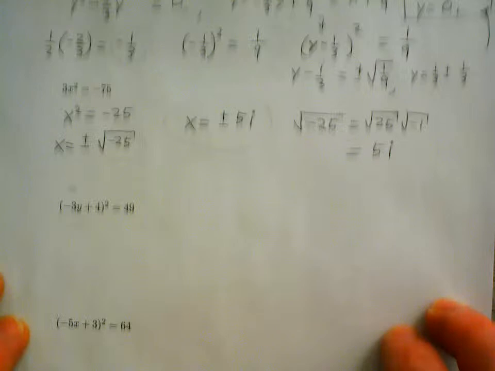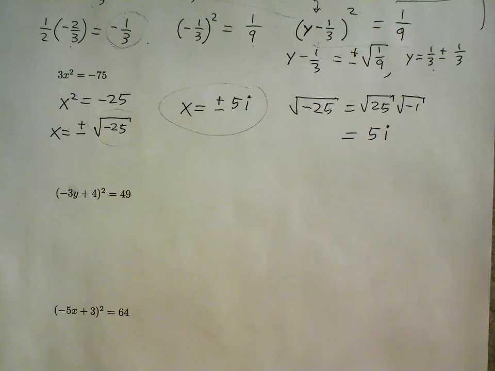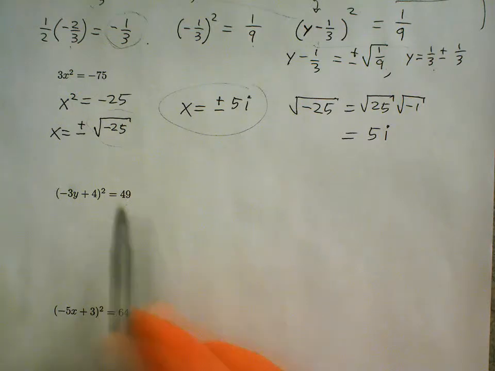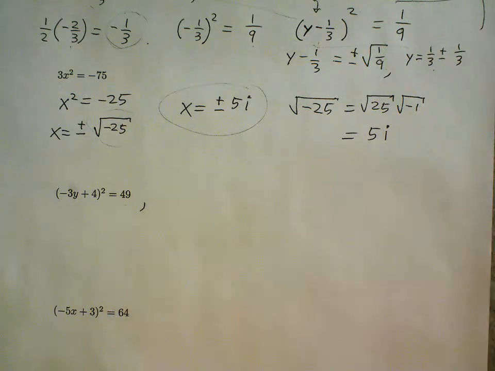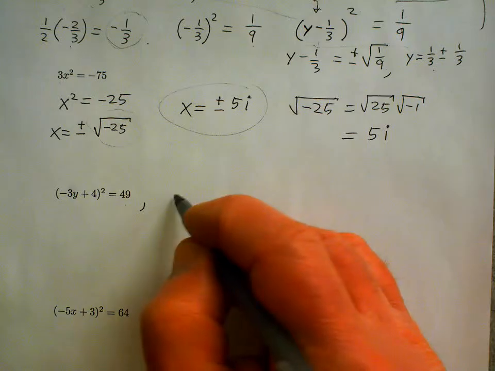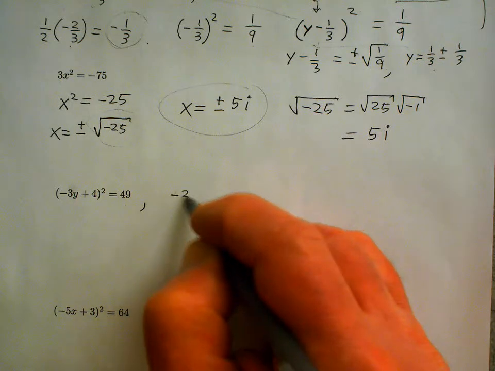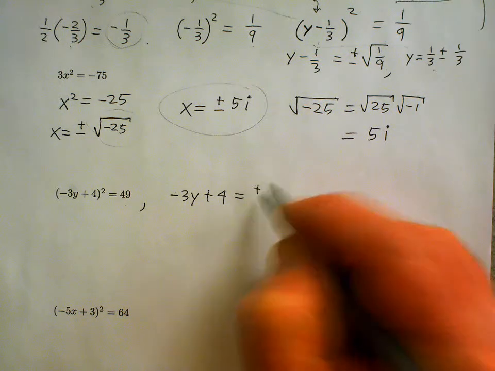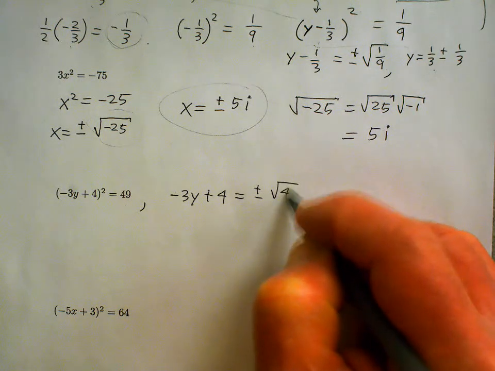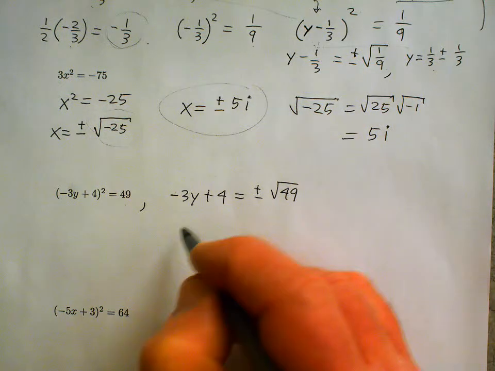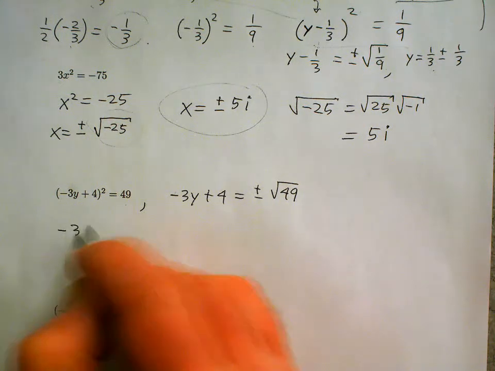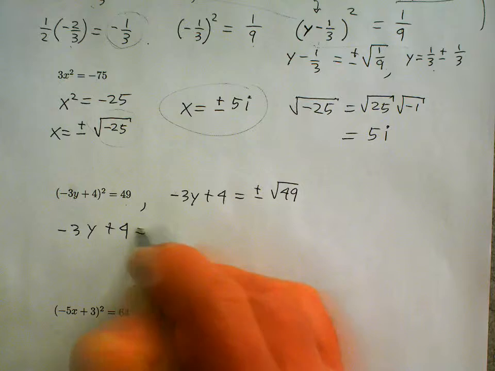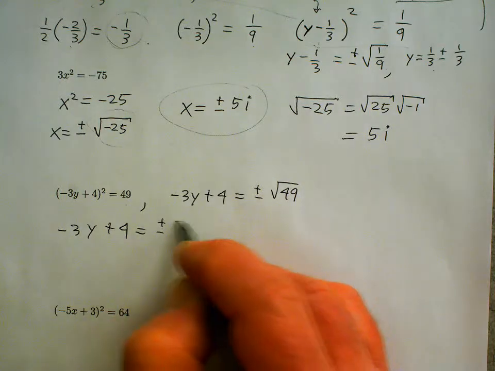Okay, the next example, the binomial negative 3y plus 4 squared equals 49. So we apply the square root property. We get negative 3y plus 4 equals positive and negative square root of 49, or negative 3y plus 4 equals positive and negative 7.